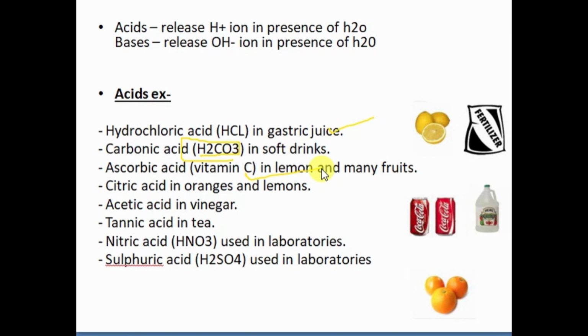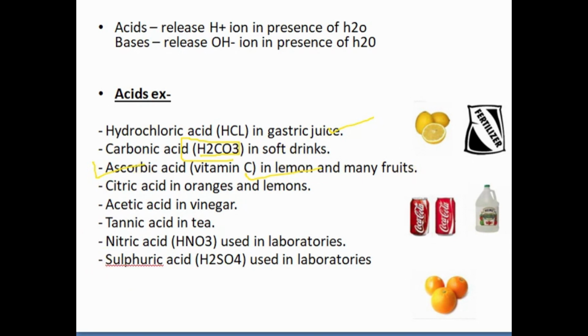To neutralize it, you should have something which is basic in nature. Acid and bases will form a neutral thing. So to neutralize your acidity, you should have something basic and not something acidic in nature. So having lemon juice when you have acidity is not right.